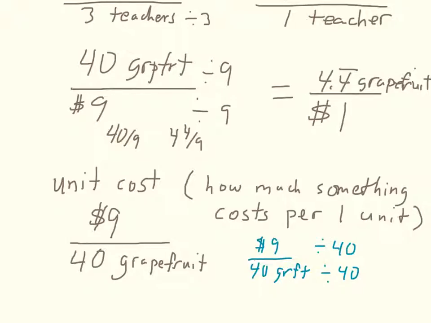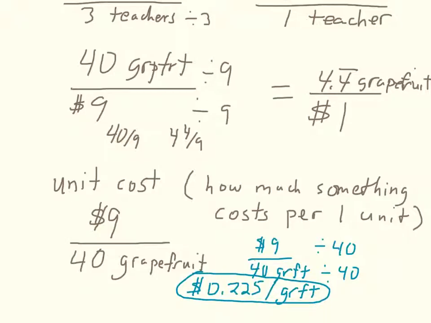So that's just 9 divided by 40. 9 divided by 40 is 0.225, so it's like 22.5 cents per grapefruit. That would be the unit cost in that relationship.